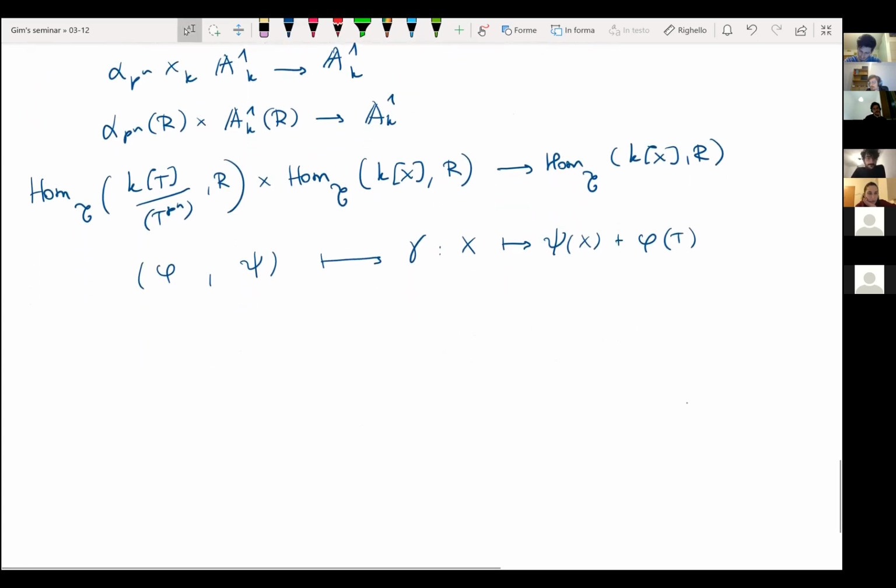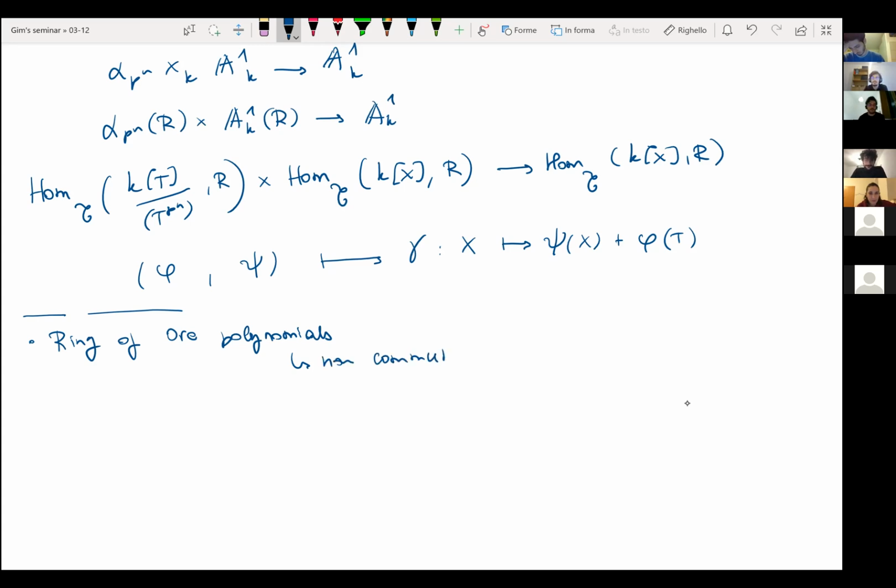I will conclude by telling you briefly what tools I'm using, because maybe it's interesting for you to see, maybe some of you use the same tools in different fields, and it's interesting to see that they can be used also in such a setting. So I work with the ring of Ore polynomials, which are a particular non-commutative polynomial rings.